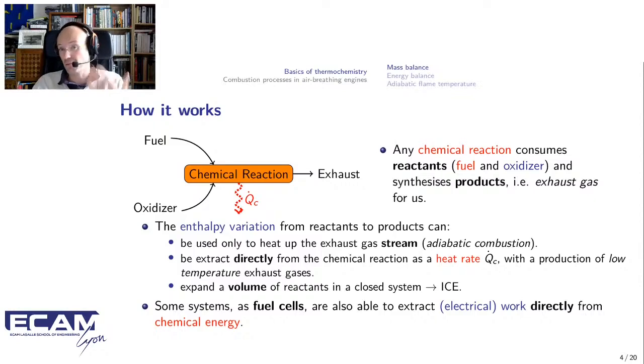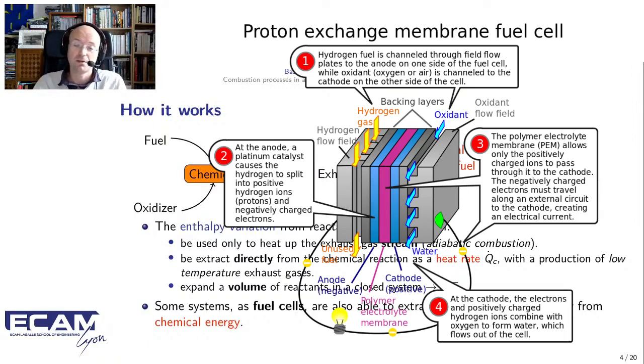And there is another way to do so, but I won't talk about that because it's a completely different topic. It's called a fuel cell. I guess most of you have already heard this word. For the French-speaking people, it's called pile à combustible. Fuel cells maintain two different half reactions at two different places.